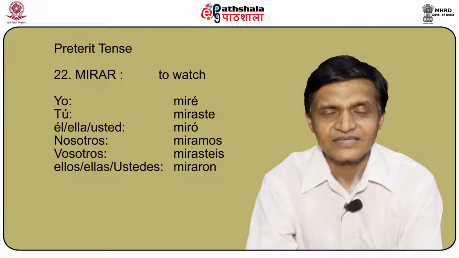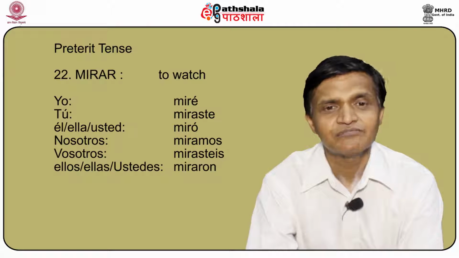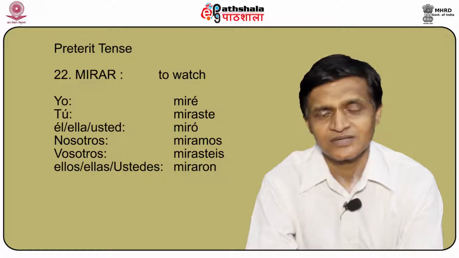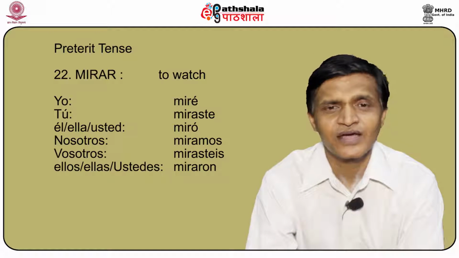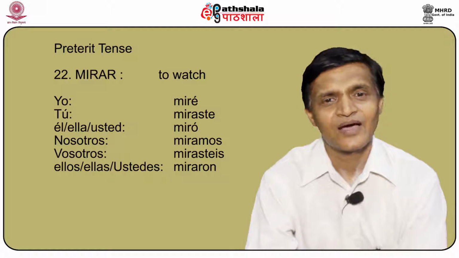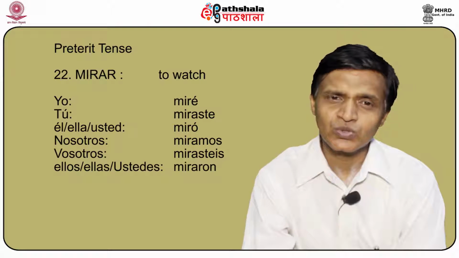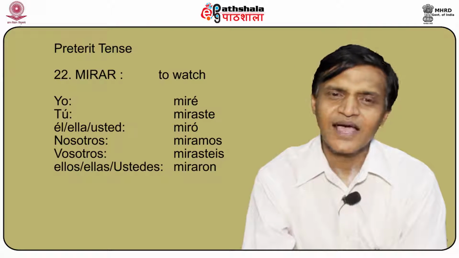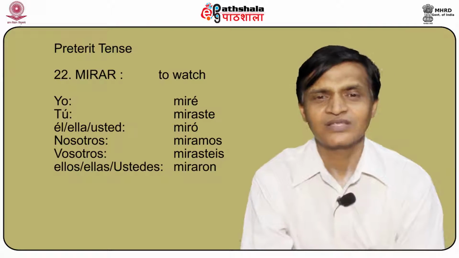So all you have to do is to put the pronouns before that. It is yo miré, tú miraste, él, ella, usted miró, nosotros miramos, vosotros, vosotras mirasteis, and ellos, ellas, and ustedes miraron.